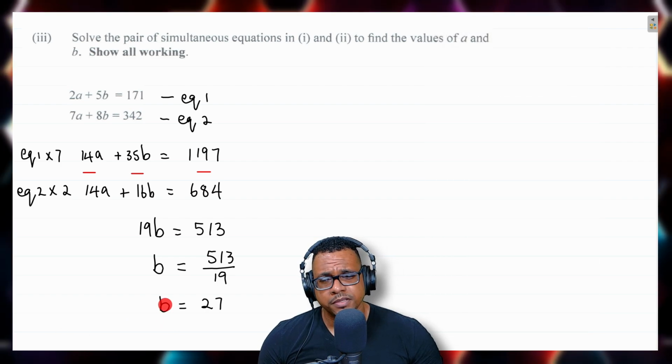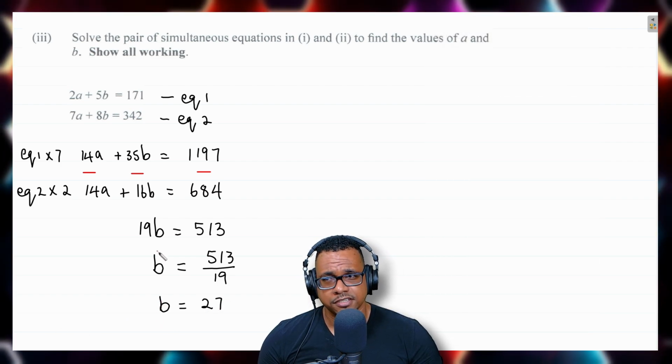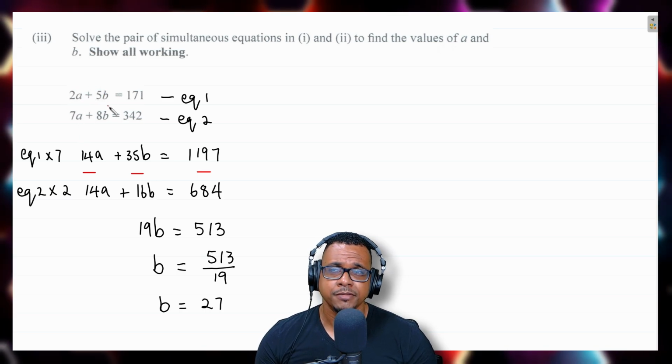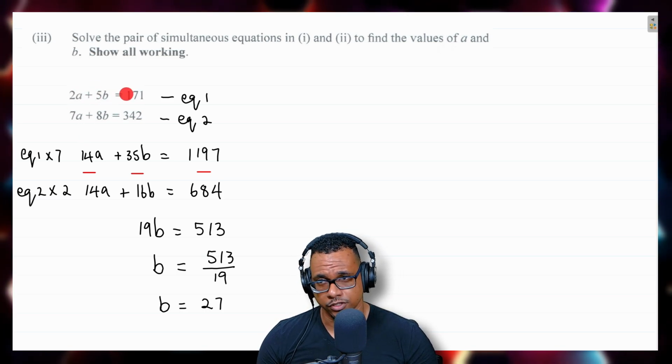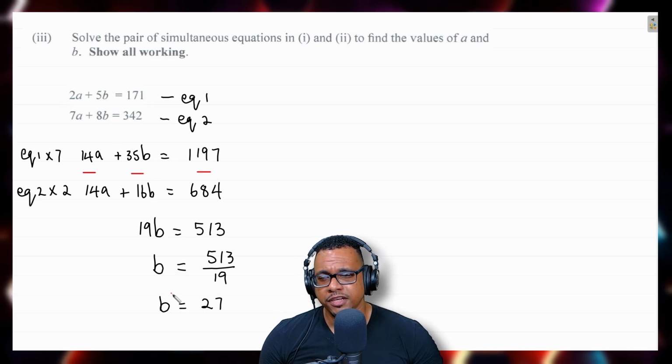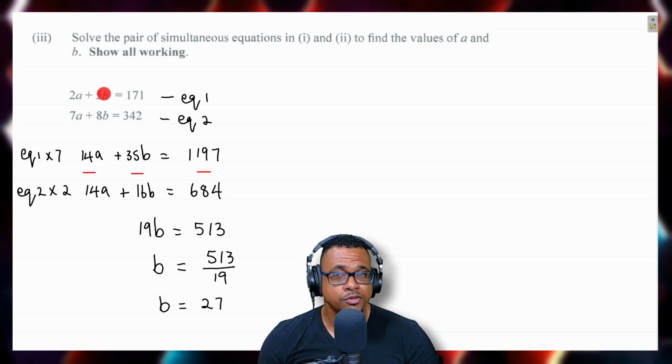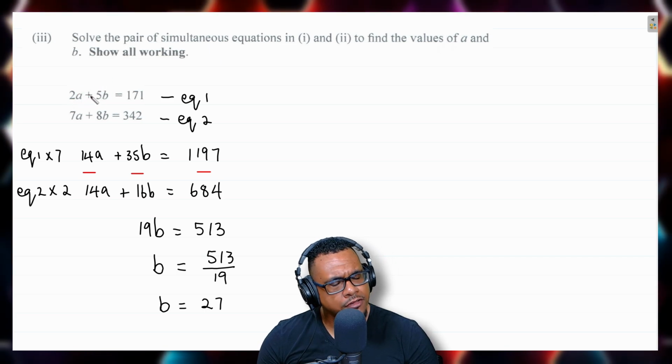So now that we know that B is equal to 27, let's read these equations. 2A means 2 multiplied by A, plus 5B means 5 multiplied by B, is equal to 171. So if I know the value of B, I can just multiply this 5 by the value of B, and I'll get a number here. And the only thing missing would be the A, which I can solve for.